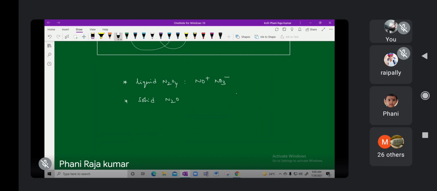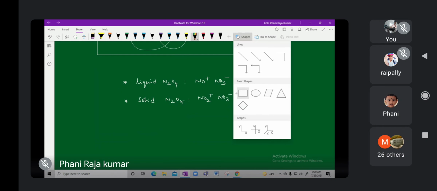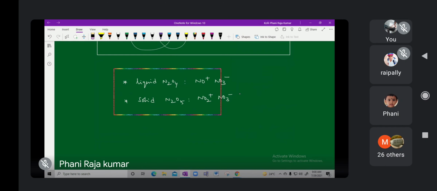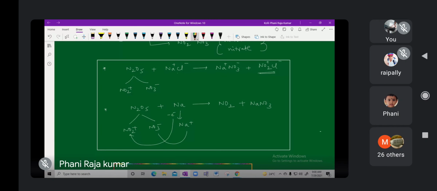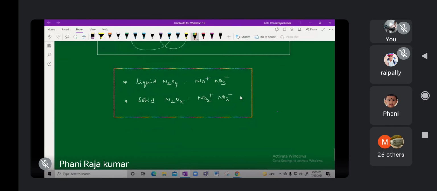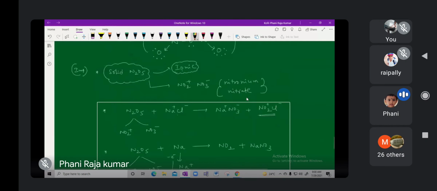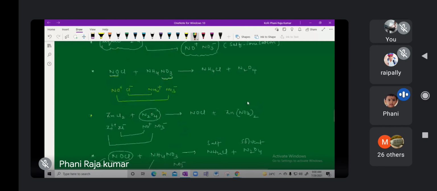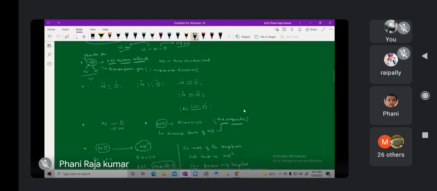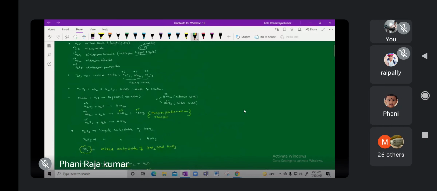Solid N2O5: NO2+, NO3 minus. So these are some important points related to oxides of nitrogen.